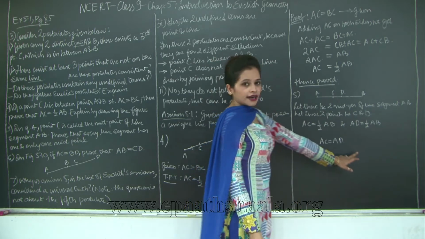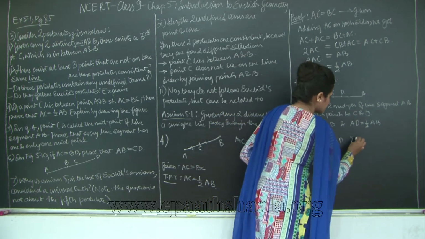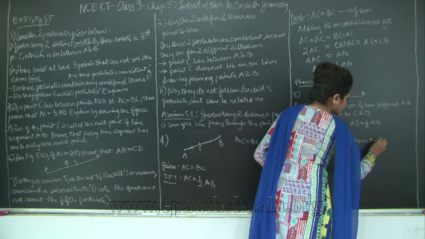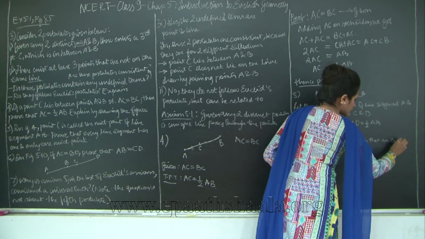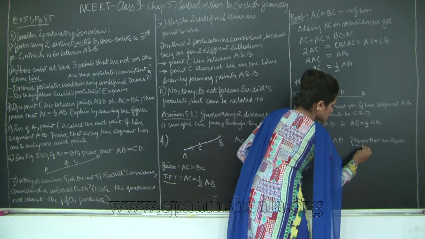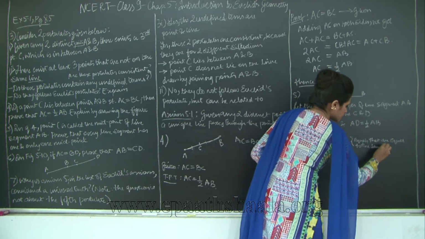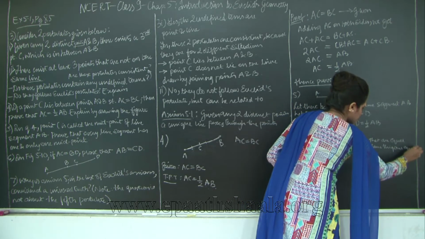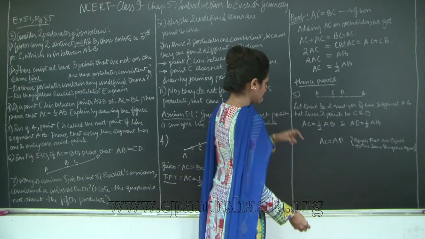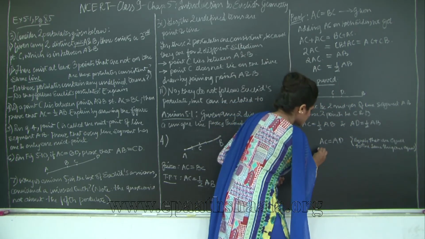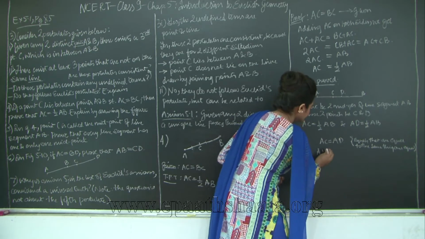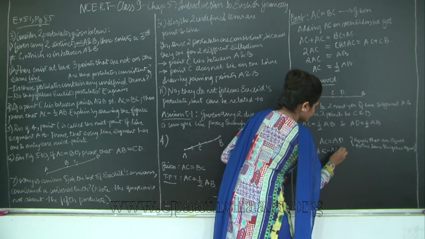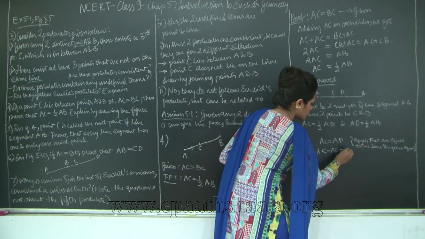Why? Using our axiom which states equals that are equal to the same thing are equal. So therefore, AC minus AD is 0.